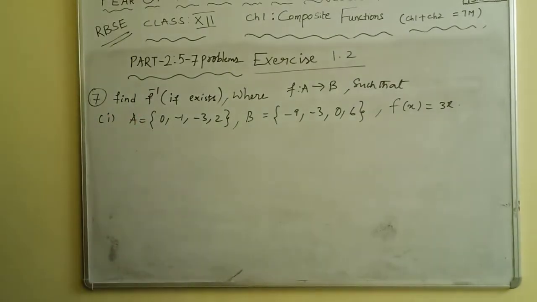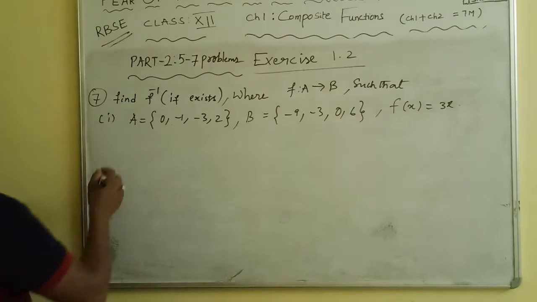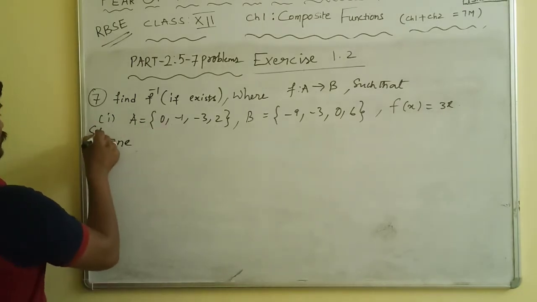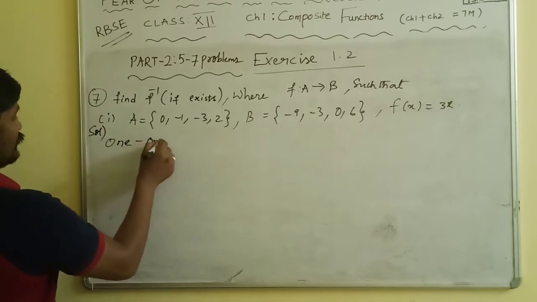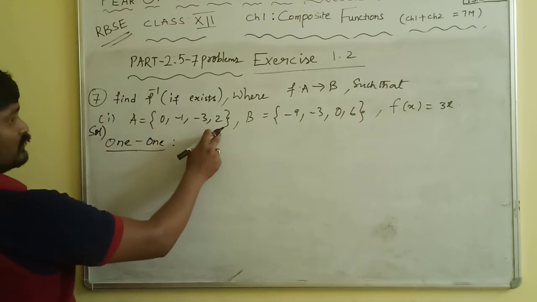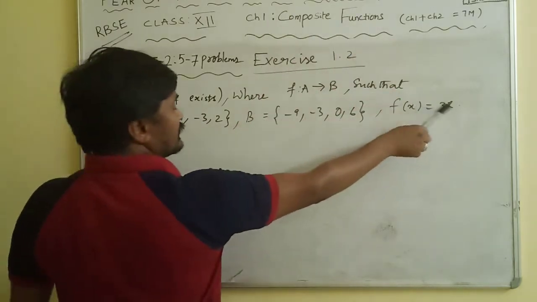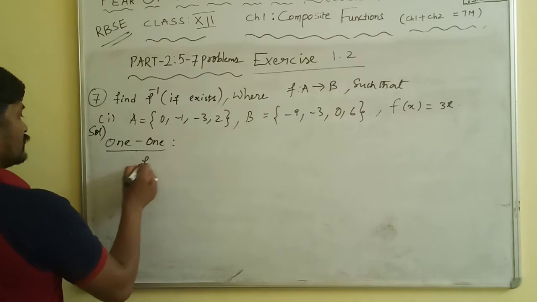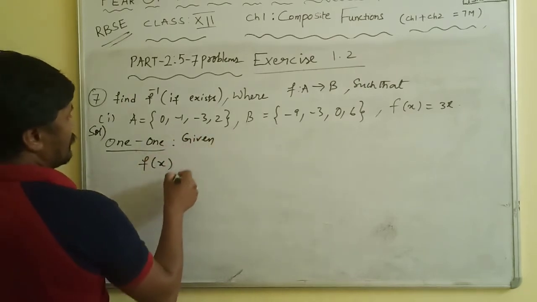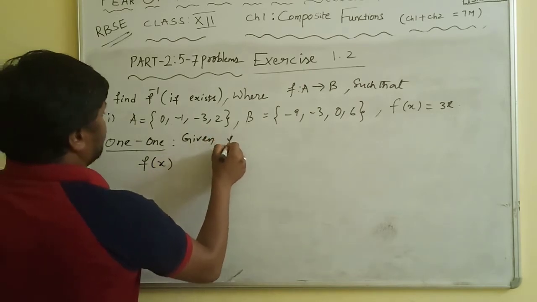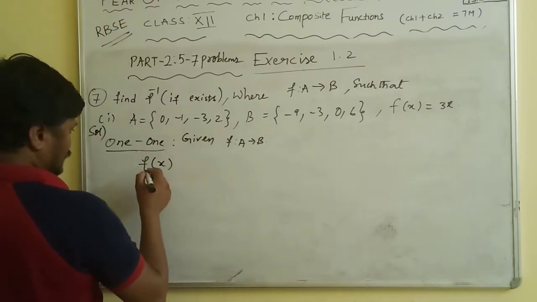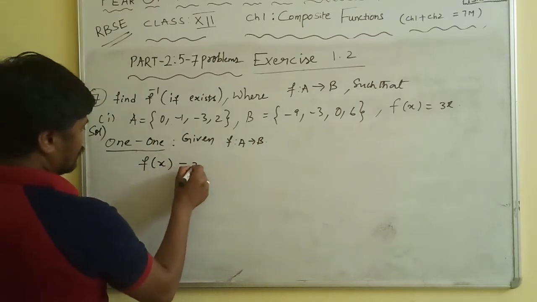So what we need to do is check easily for one to one and onto. Just observe now, this is your solution for the first, the one to one purpose. Just substitute the 0, minus 1, minus 3, 2 in the f of x and find the values. What is given is that f maps A to B, and f of x is equal to 3x.